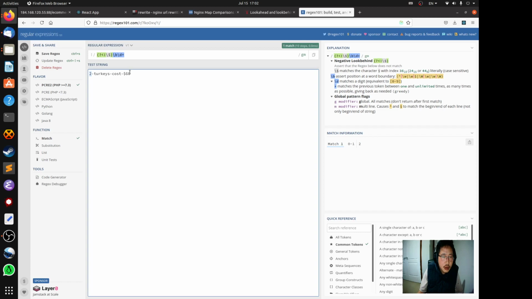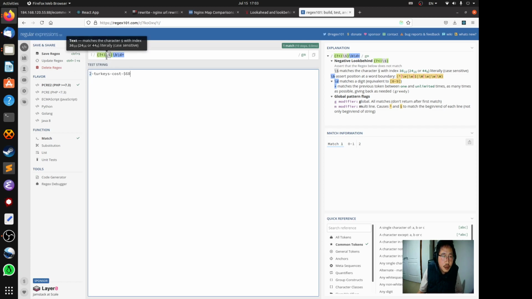If you are here, what's the previous character? It's a digit. Right here, the previous character is a dollar sign. But here, its previous character is not a dollar sign. It's the beginning of the string. That's why it matches 2.